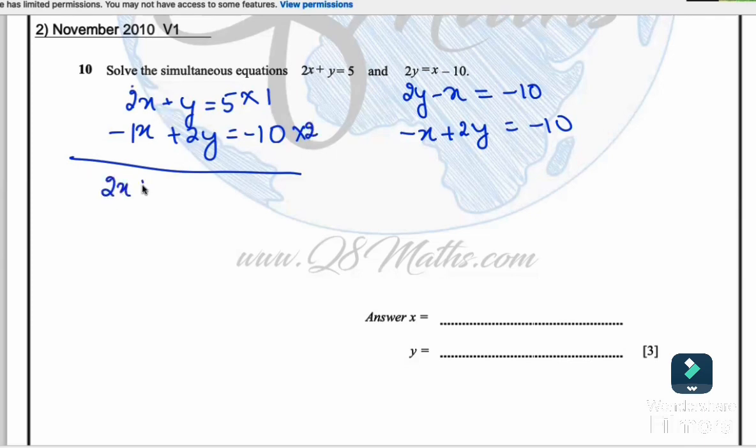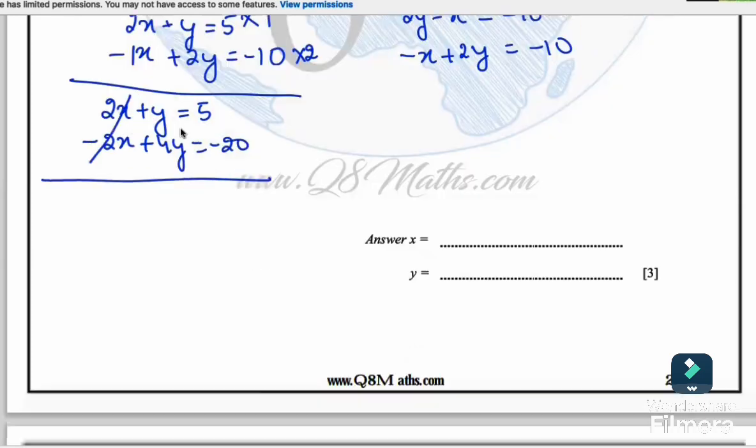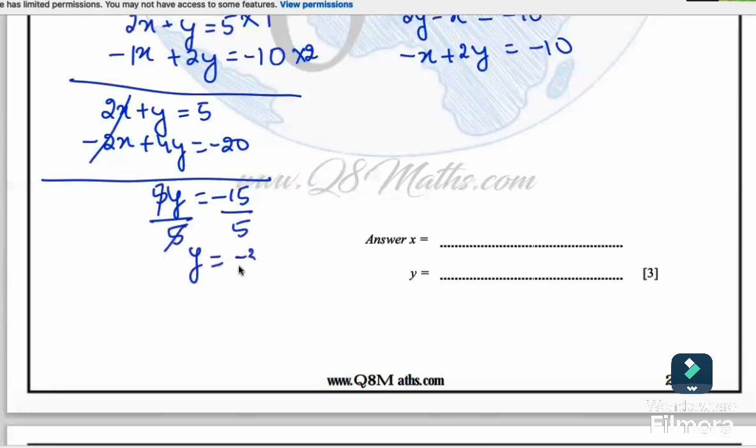Therefore, it will become 2x plus y is equal to 5, and then minus 2x plus 4y is equal to negative 20. Therefore, this will cancel, and you are left with 5y is equal to 5 minus 20, which is minus 15. If you divide by 5 on both sides, therefore y is equal to minus 3.